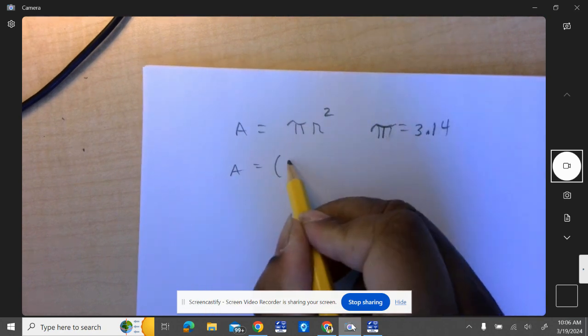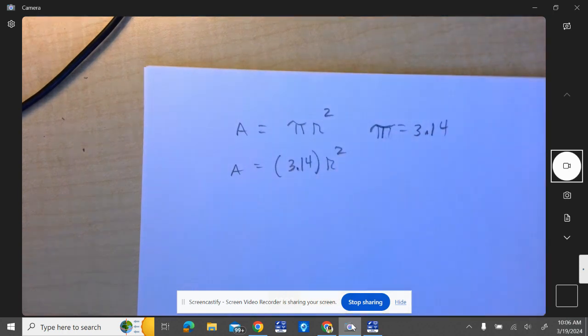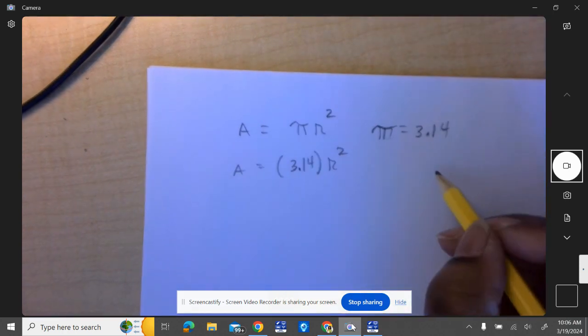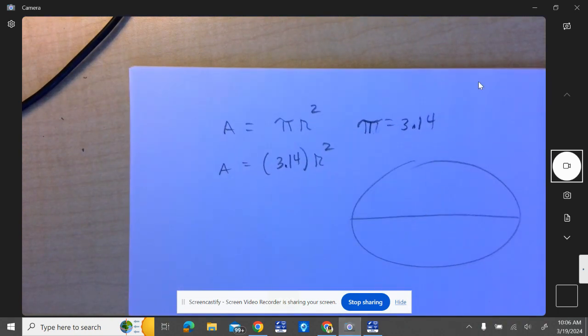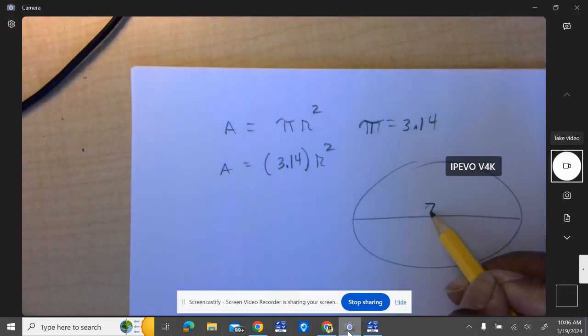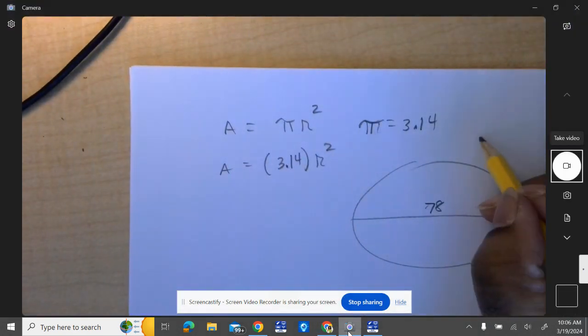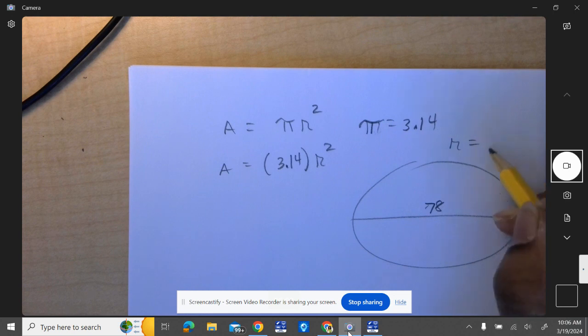So let's go ahead and plug that in. The radius we did not see, but we did see the diameter, 78. So I can put that in half to find the radius, which is 39.